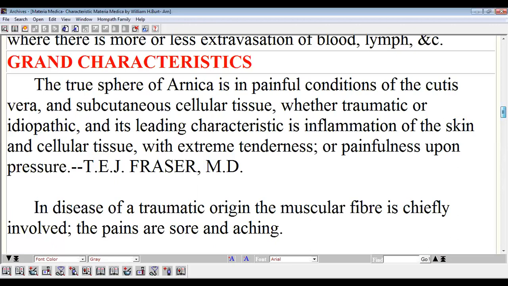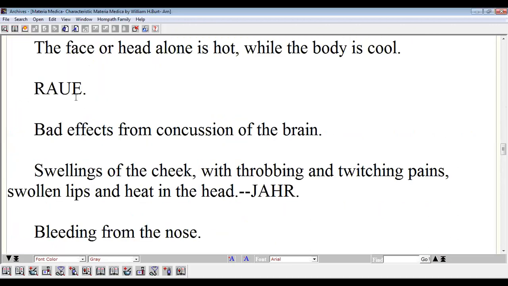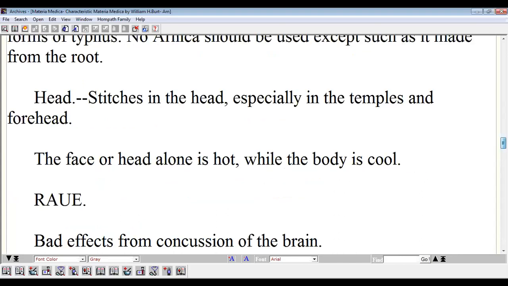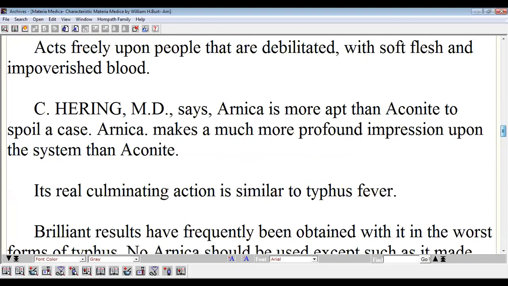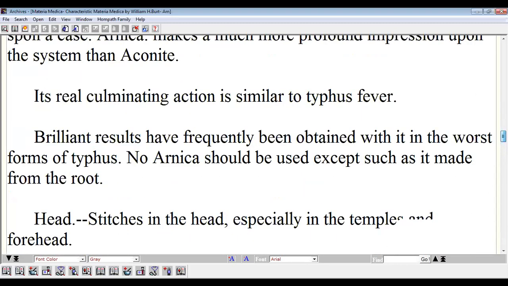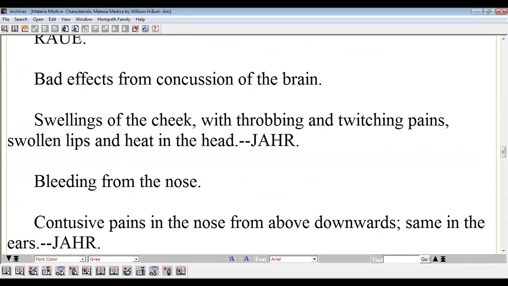And then more characteristics are given. One more characteristic is collected from a contemporary, Dr. Rao, and he says that it is a very good drug for bad effects from concussion of brain.